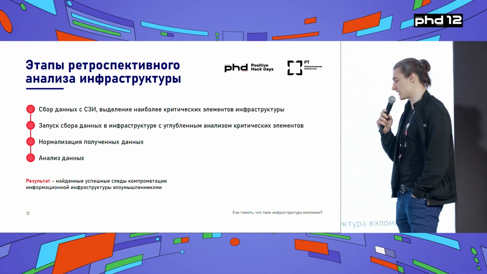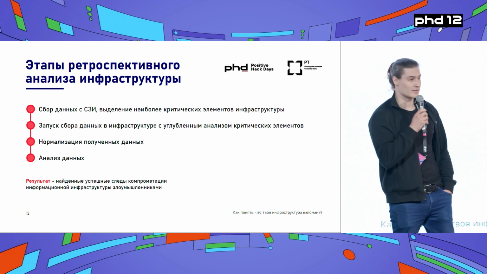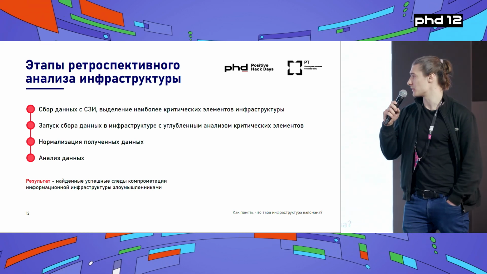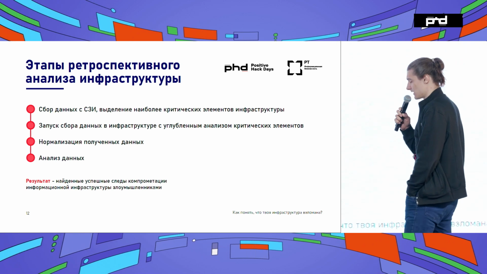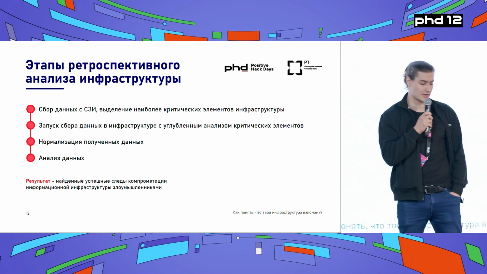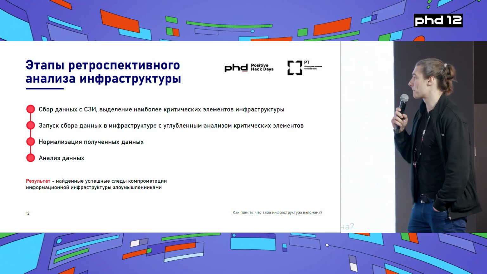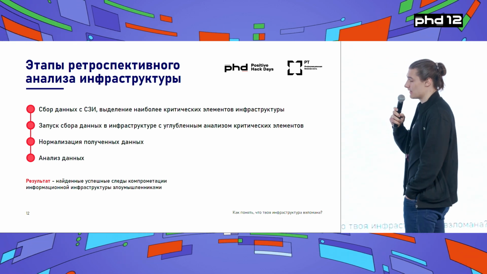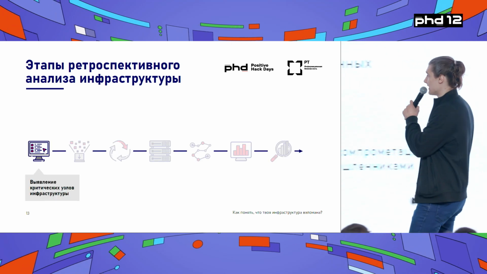That's clear. But it should be noted that any organization which renders the services of retrospective analysis would also normalize the data and collect the data, but we'd like to show our vision, to show our solutions.